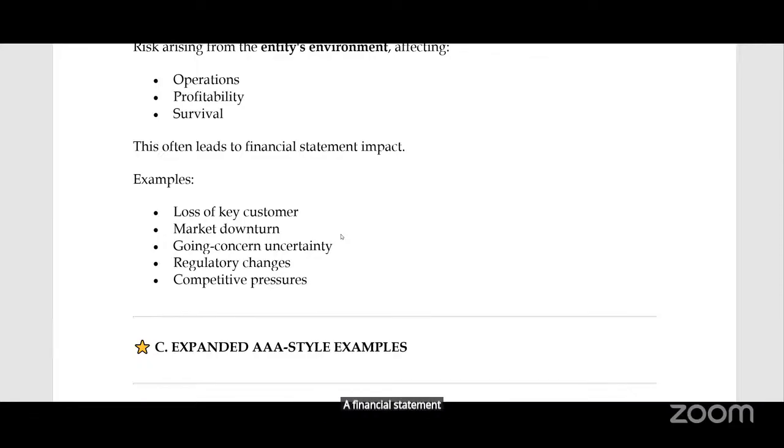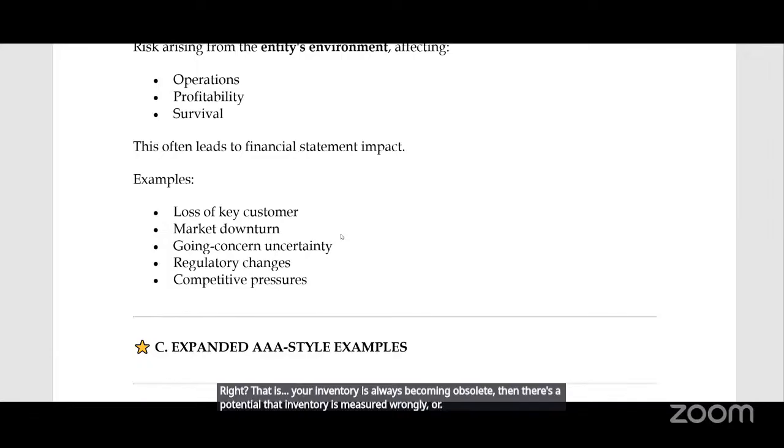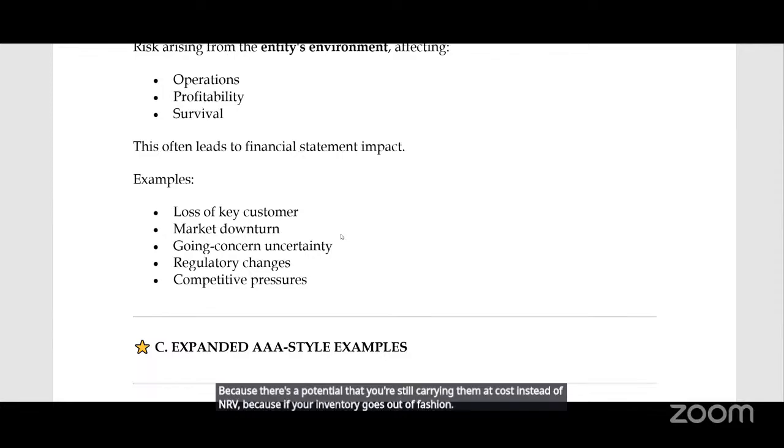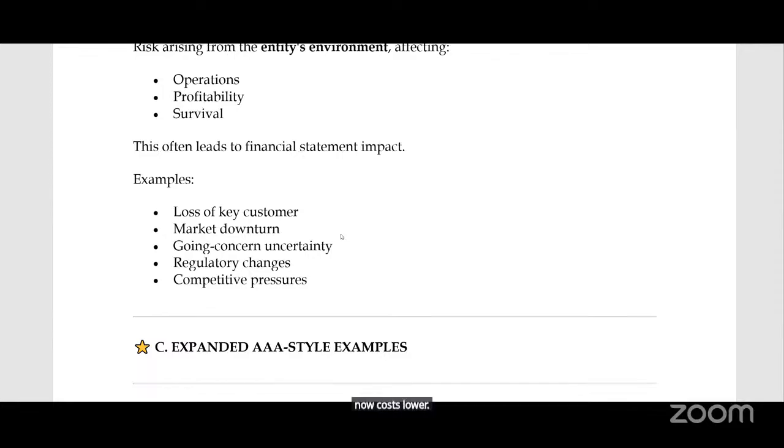It can lead to a risk of material misstatement, right? If your inventory is always becoming obsolete, then there's a potential that inventory is measured wrongly, or that you're still carrying them at cost instead of NRV. Because if your inventory goes out of fashion, it will now be worth less. Does it make sense?